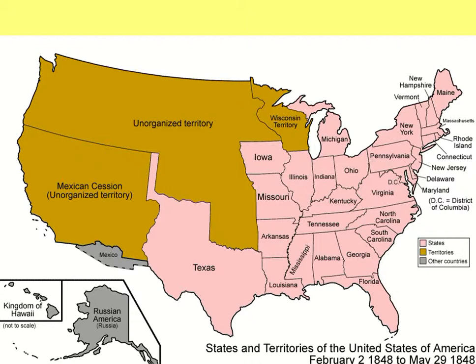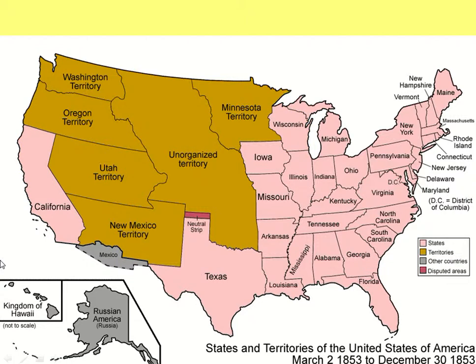I make the argument that he did what he promised to do, but what he promised to do was inherently wrong and nationalistic, and just as the thesis goes, it's going to lead to the Civil War. And a final addition, you can see that last little bit down here, that's the Gadsden Purchase. They will purchase that area there.